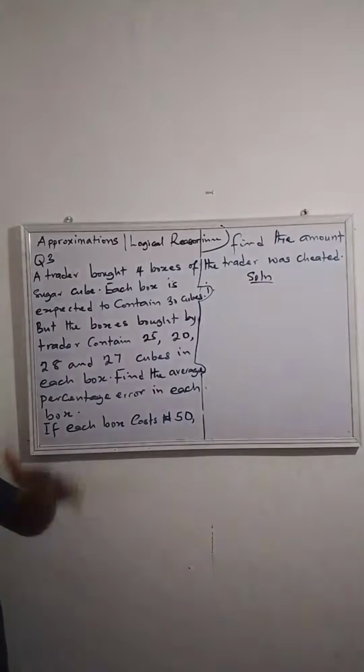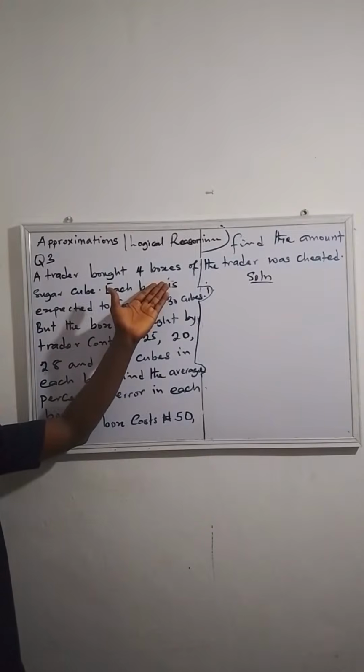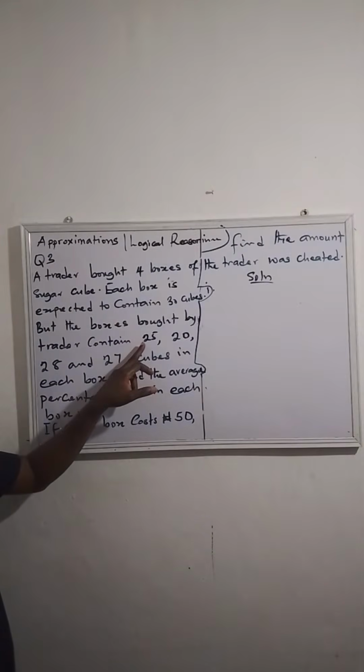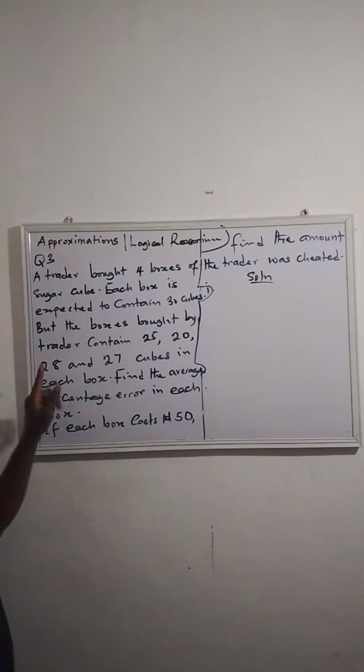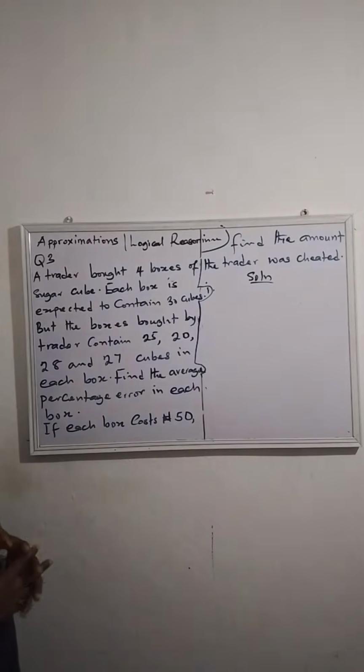But unfortunately, when the man bought 4 boxes of sugar cube, what he has in each box is 25. We have 25 cubes in a box, we have 20 cubes, we have 28, and we also have 27.